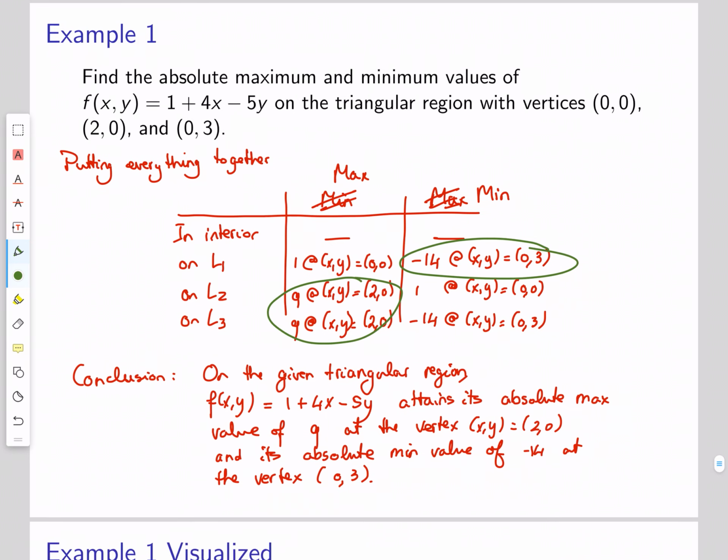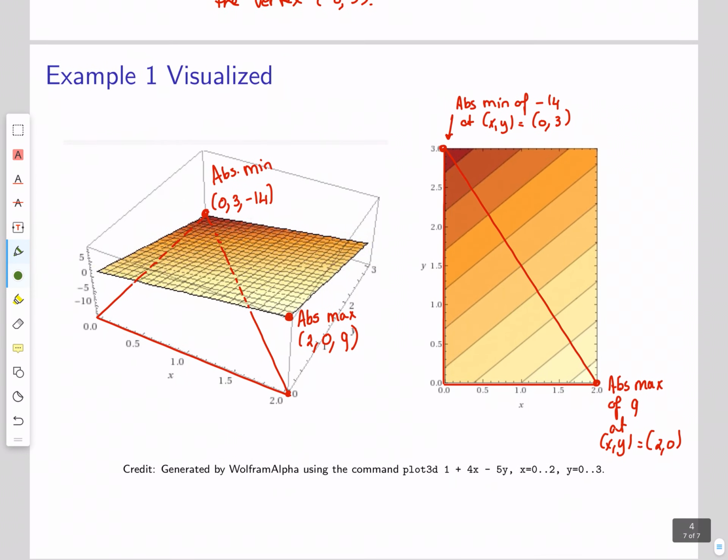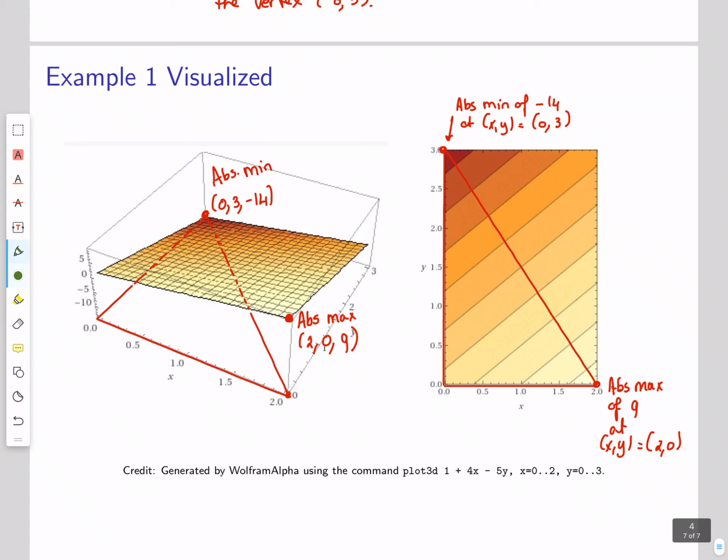So last but not least, we can take a look visually how this works. It turns out that the function 1 plus 4x minus 5y is a plane, and it's visualized here on the left.